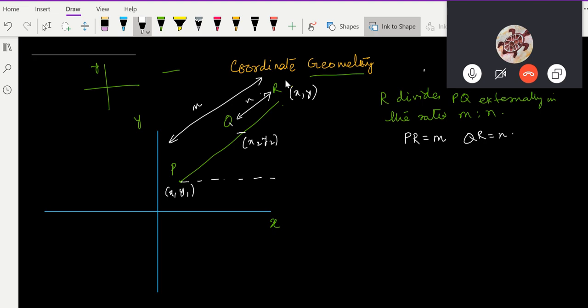Let us draw them. We can extend, so I can name these points S and T. This is my x1, this is my x2, and this is my x. This is y1, this is y2, and this is y.